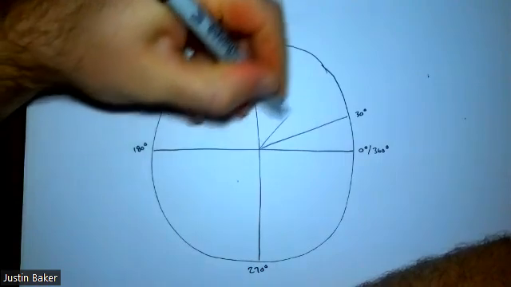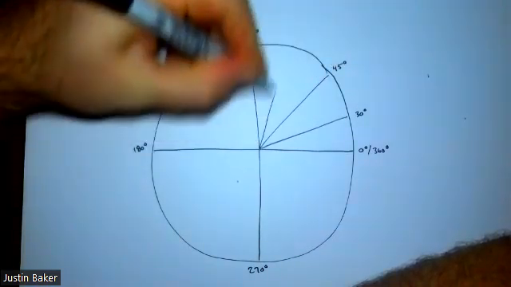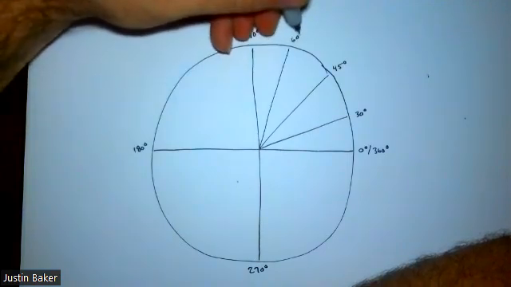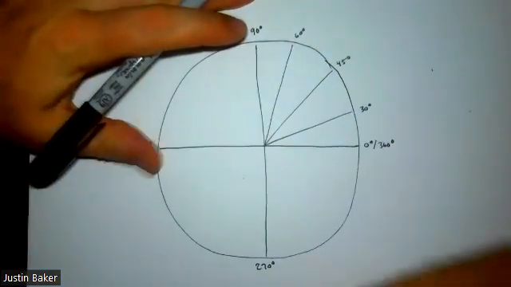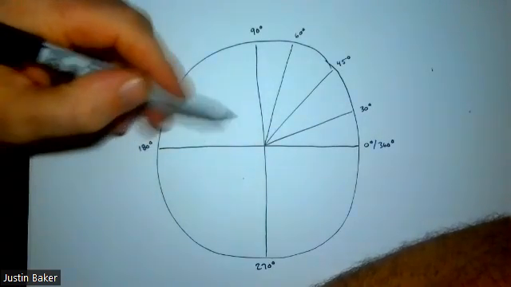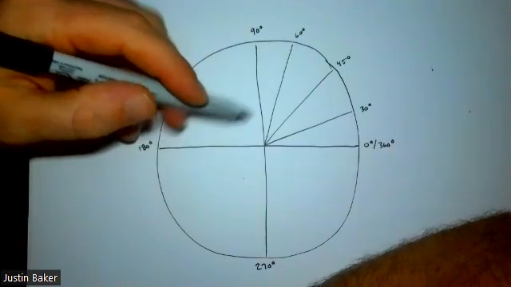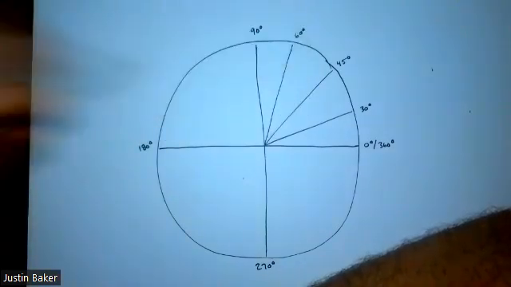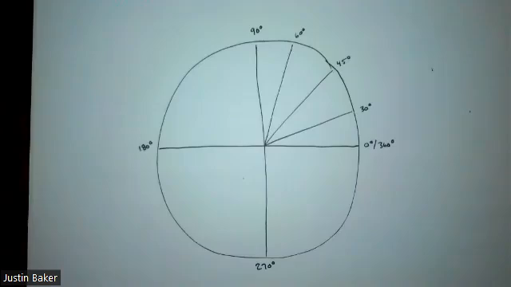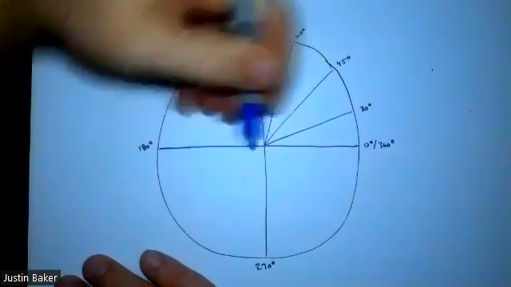30 degrees, 45 degrees, 60 degrees. And we want to think of these angles as a 30, 45, or 60 everywhere we go on this circle. It'll make life way easier. In other words, always think of things in terms of the distance they are from the x axis.